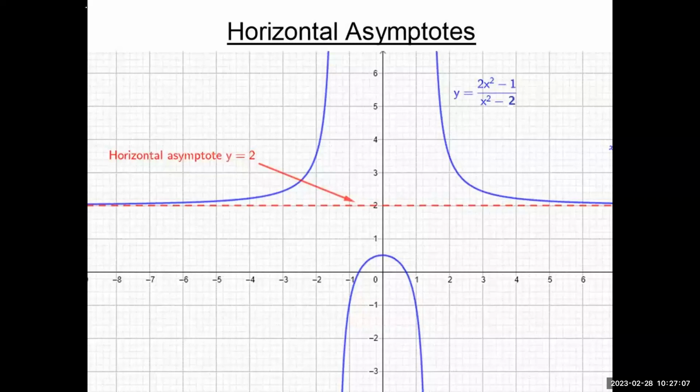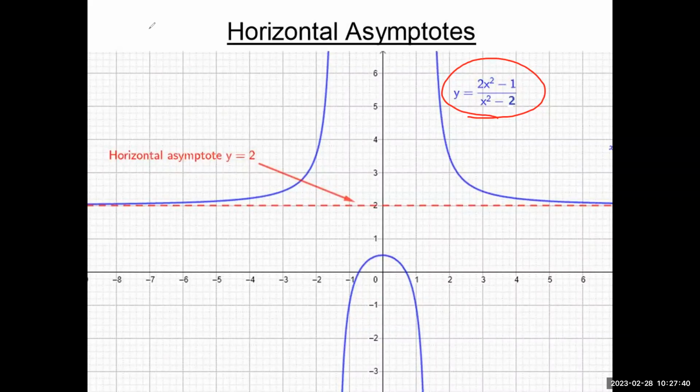They end up making some interesting looking graphs, right? So in blue, in the top right hand corner, this was the equation, a fraction, you see x in the denominator, and this is the graph it makes. Now, the red dotted line is an imaginary line that they graph on there to show you something. You see how it illustrates a pattern. As your blue lines go to the far left and the far right, they get closer and closer to that line.